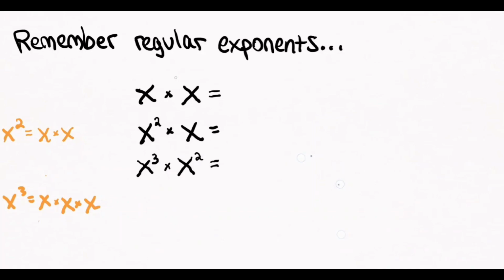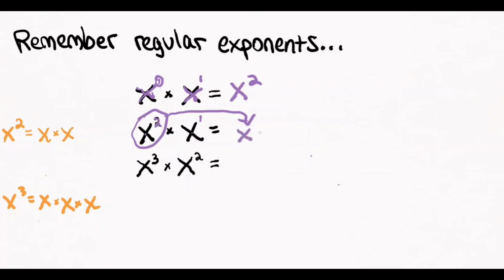Okay, so if we have x, and remember if there's no number up here, that means 1. So x to the power of 1, x to the power of 1. So that just means 1x, which is this, times 1x, which is this, is going to be x to the power of 2. If we have, let's go to the next one. If we have x to the power of 2 times another x, which is to the power of 1, well, this x to the power of 2 is really saying what?